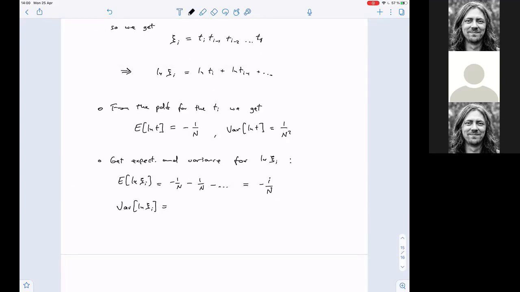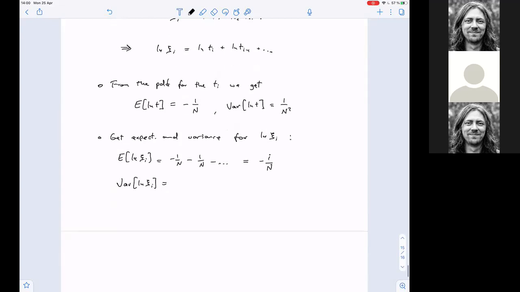They're all independent samples from this P of t distribution. So you can also say that the variance of this sum is the sum of the variances. There's no covariances popping up. So this is just minus I over n squared.